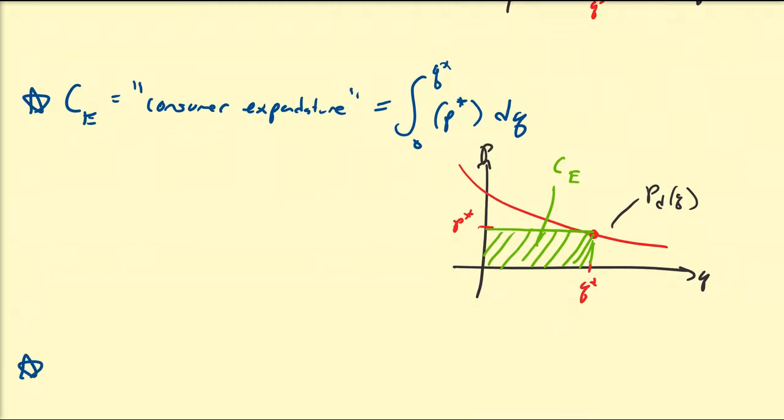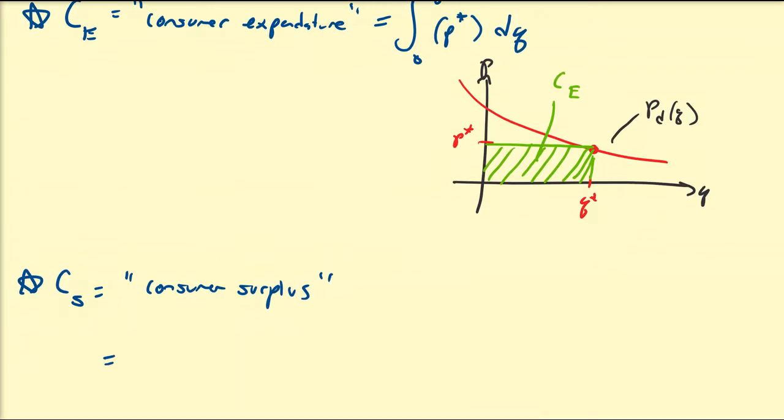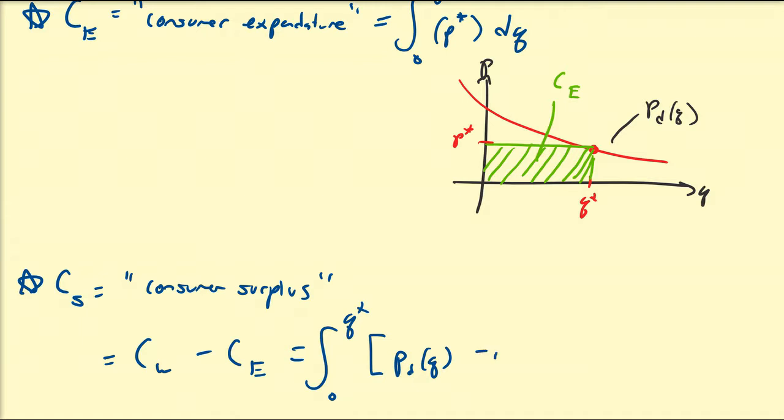And from here we can define what CS is. CS is the consumer surplus, which is defined to be equal to the willingness to spend minus the consumer expenditure, which from the integral definition is going to be the integral from 0 to Q star of the demand curve with respect to Q minus P star dQ.